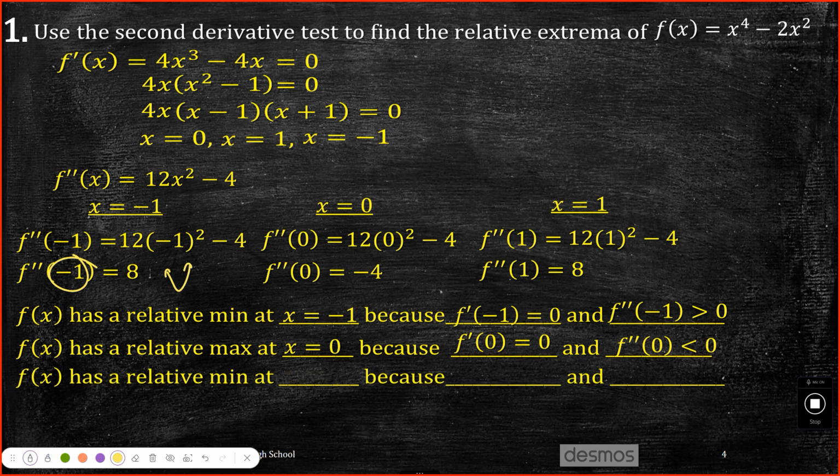We could have just said f of x has a relative min at x equal to -1 and at x equal to 1 because, but I guess you have to separate them for the reasons why. This is fine. This is very thorough in its explanation.